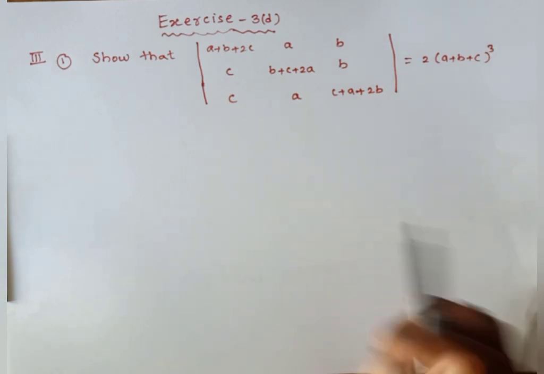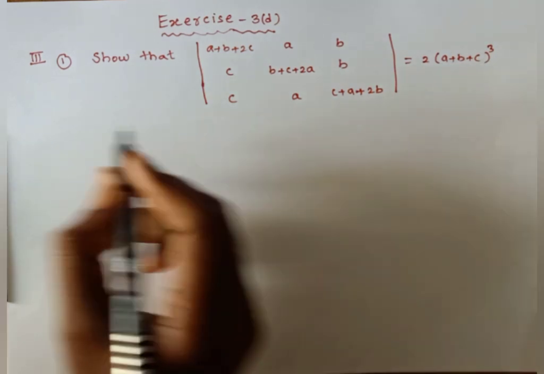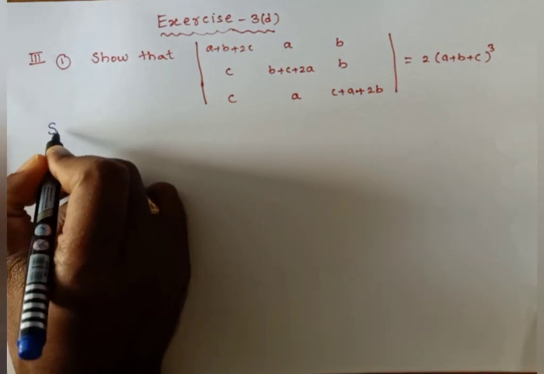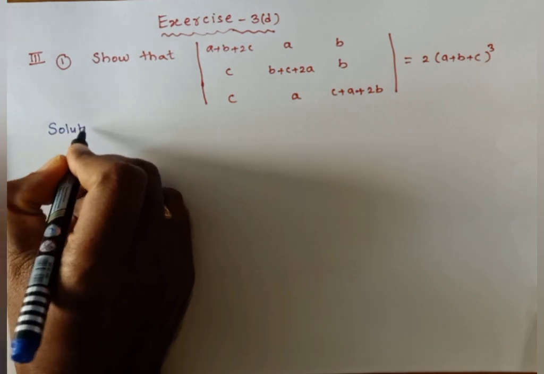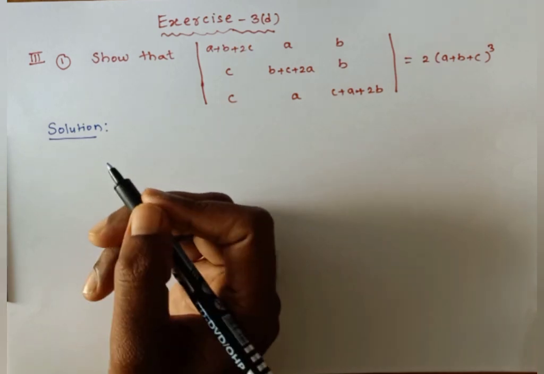So here we need to show that the determinant of this is equal to 2 times (a plus b plus c) whole cube. Now just observe the row elements and column elements of the given determinant.